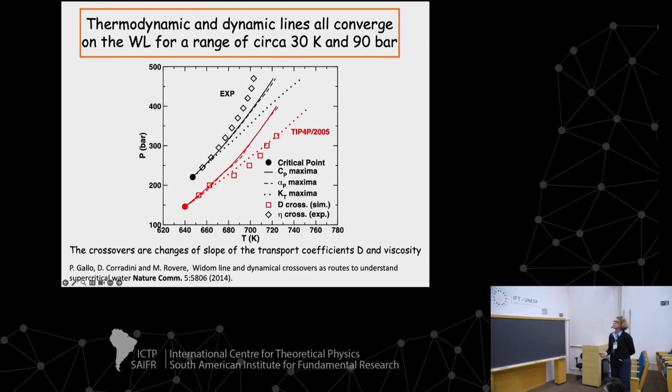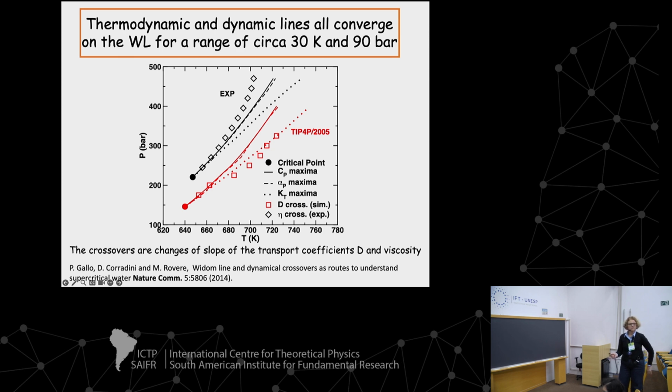And this is because what happens is that at the Widom line, we are in the one-phase region here, right? But this one-phase region is not all the same. Across the Widom line, when we go left, we have the supercritical fluid, which is more liquid-like. And on your right, it's more gas-like.